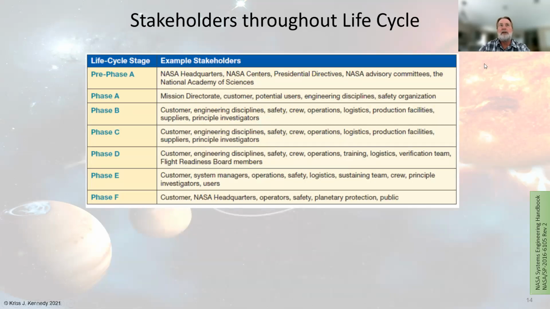This is kind of examples of stakeholders throughout the life cycle. I'm not going to go into detail on this. I think pre-phase A and phase A is really where you want to look at that and look at all the different types of stakeholders that you might need to be having conversations with. Obviously, this is NASA centric, heavily NASA focused, as opposed to a SpaceX or Blue Origin.